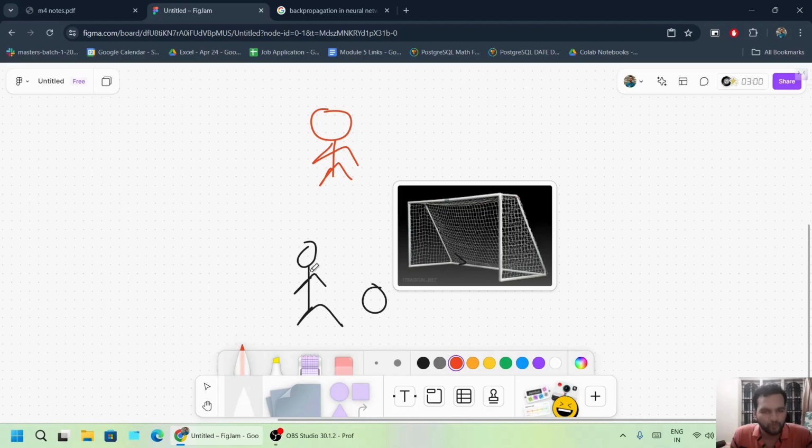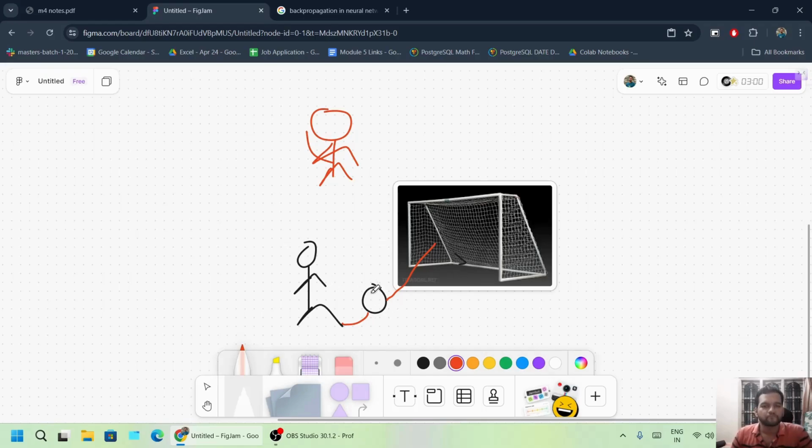Coach tells his student that he has to put a little effort and put the goal or aim a little bit to the left, so that the ball will go to the goal post. Here the coach is acting as the mentor, or as the loss function. He is reducing the probability or the chances of the ball not reaching the goal post.